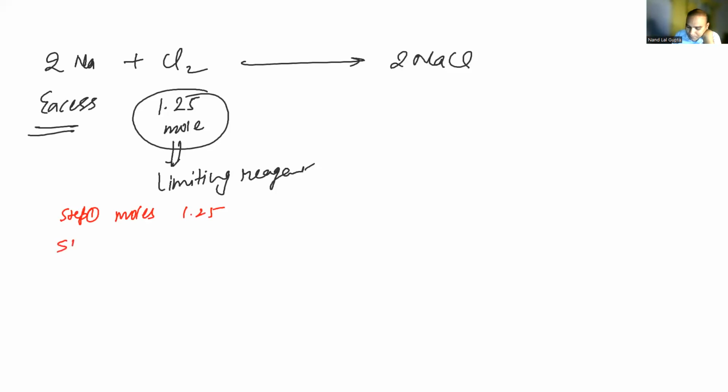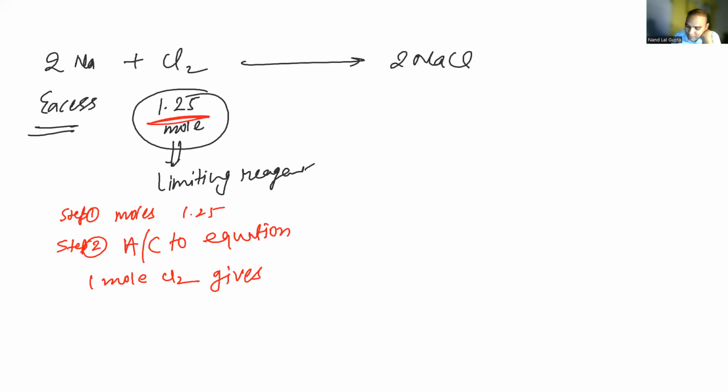Now step number two, according to the balanced equation. 1.25 mole of Cl2 is given, and this is going to be the limiting reagent also.